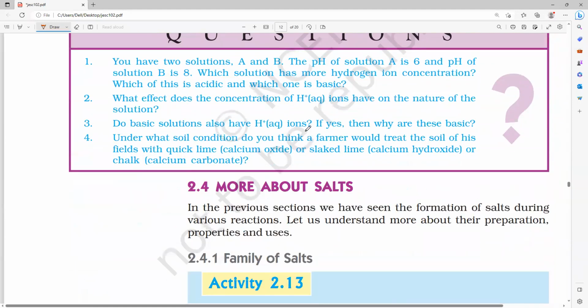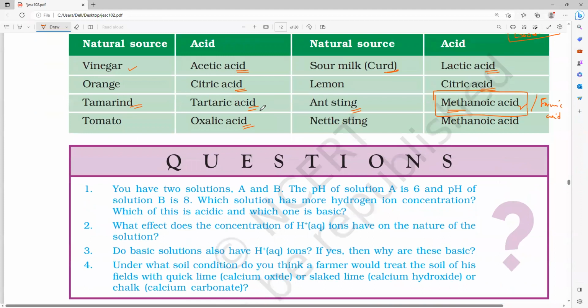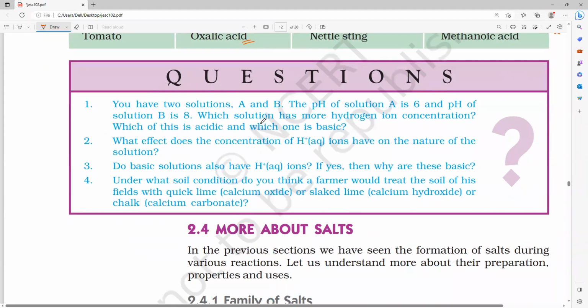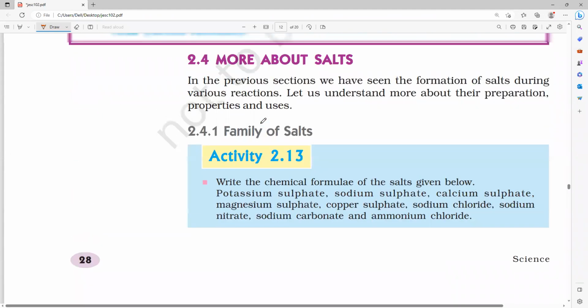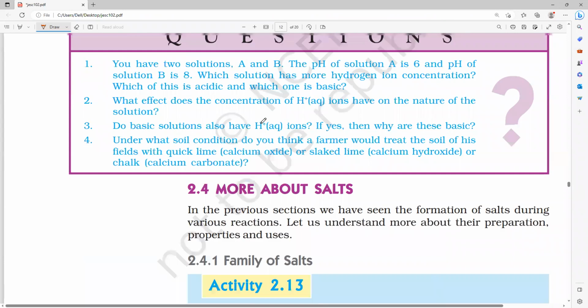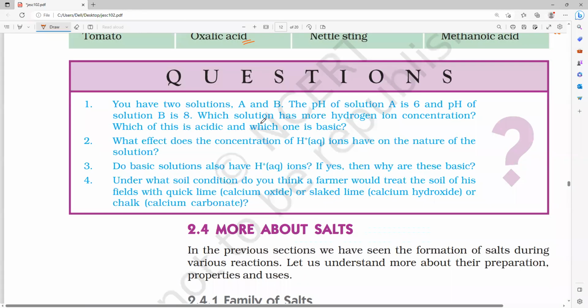Next, we have two solutions, A and B. I hope you already finished this in-text question. Anybody tried already? How to answer is very important, guys. Observe, it is a very important question. The pH of solution A is 6 and the pH of solution B is 8.